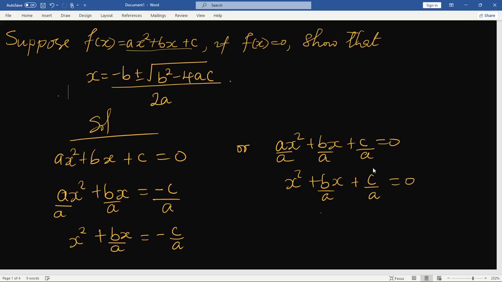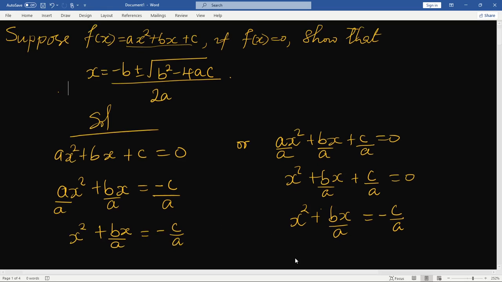Then this is a constant that we have here, so we can push this across the equal sign this side. Then we have x squared plus bx over a equal to negative c over a. So basically these are just one and the same methods, so we'll proceed from here now.